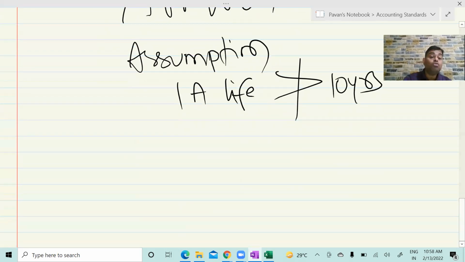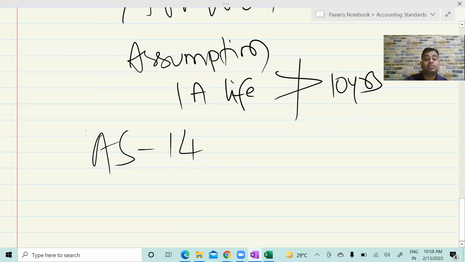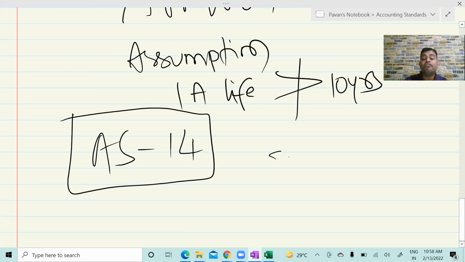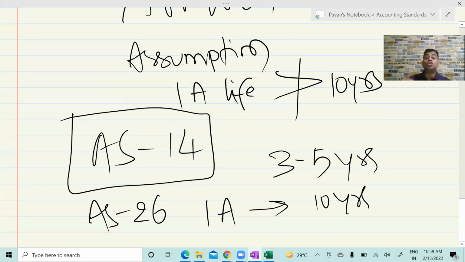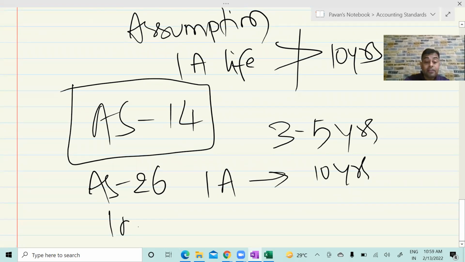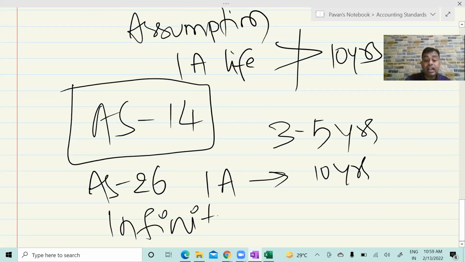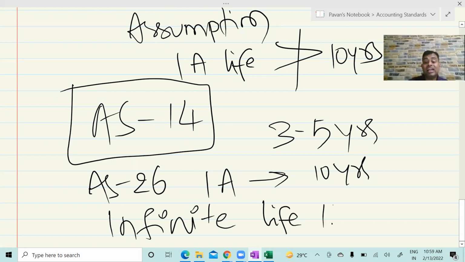So accounting standard 14 says goodwill should be written off between 3 to 5 years. AS 26 says for intangible assets, you can take up to 10 years. There is no concept of infinite life intangible asset in India.